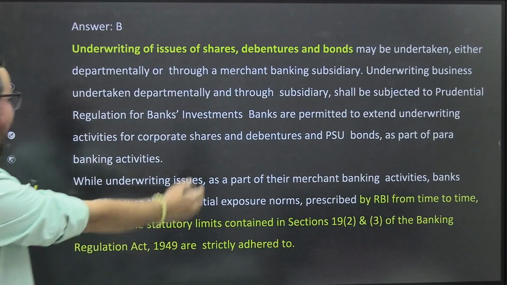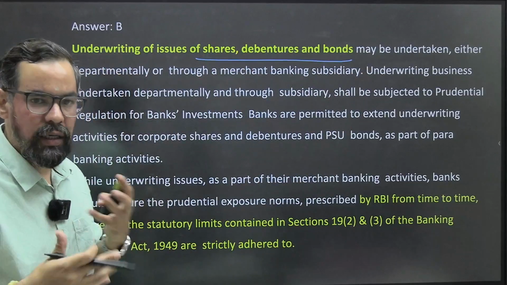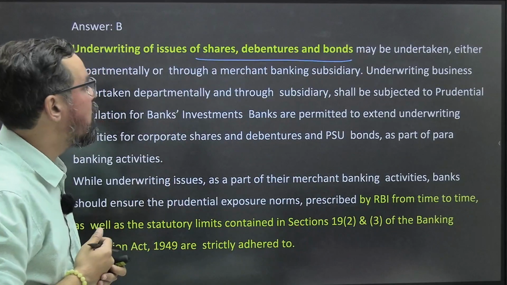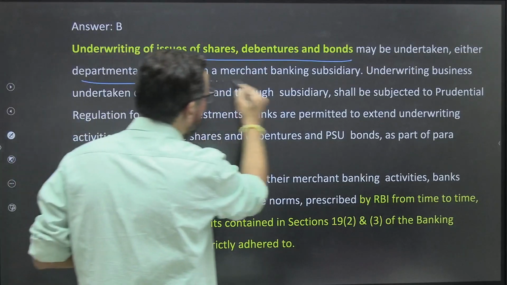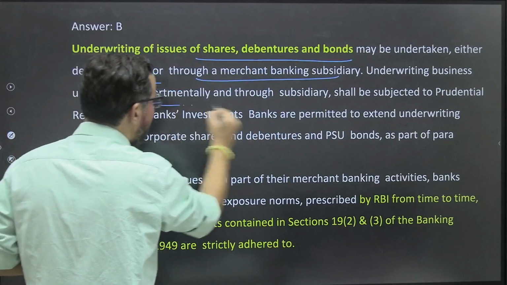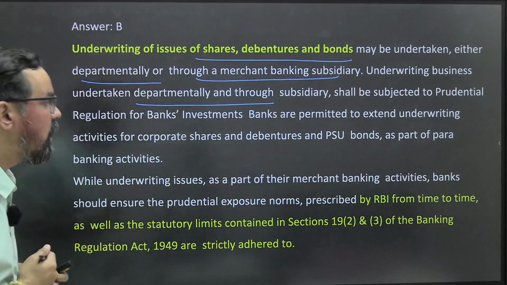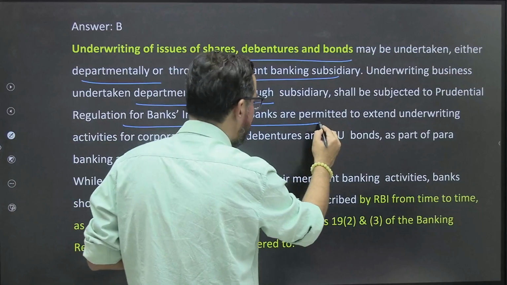Okay? So underwriting of issue of shares, like it is a kind of merchant banking services provided by these teams. Bonds may be taken either departmentally or through another merchant banking subsidiary. Underwriting business undertaken departmentally and through a subsidiary shall be subject to prudential regulation for bank investment.